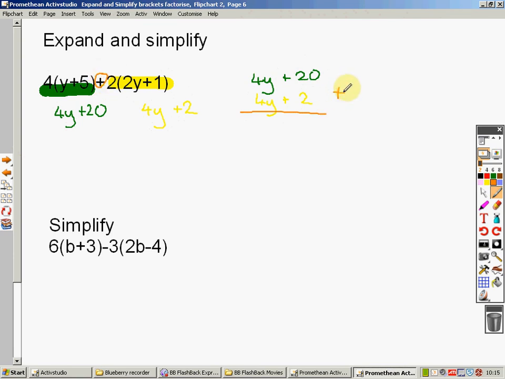Using the colour really does help students here. 4y add 4y will be 8y. 20 add 2 is 22, and it's positive 22, so it's 8y plus 22. That would be at least 3 marks in the exam, and relatively straightforward there. I hope that's helped. Hope you got it right too.